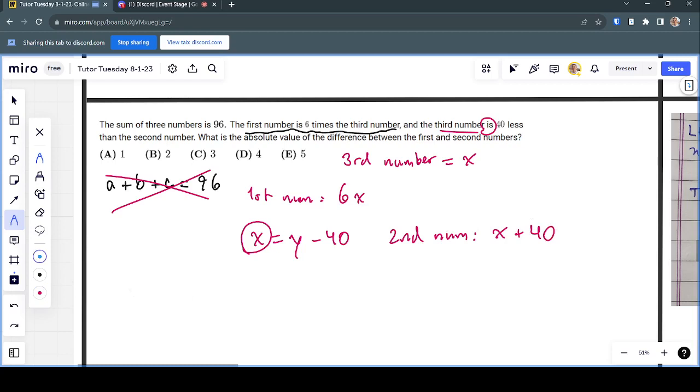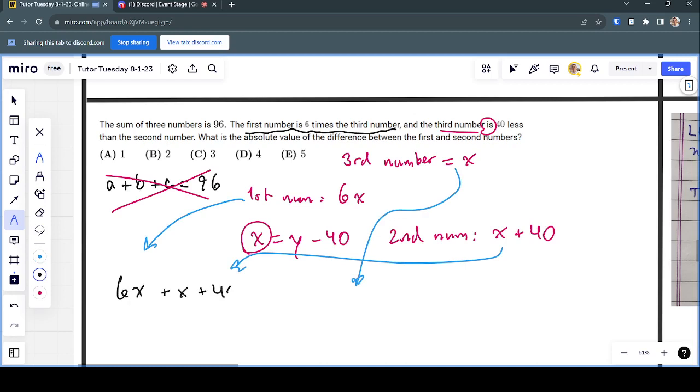And then if we want to add those up, the first number plus the second number plus the third number, that's going to get us 6x plus x plus 40 is equal to 96, you just have to simplify it from here. So you get 8x plus 40 equals 96, or 8x equals 56.